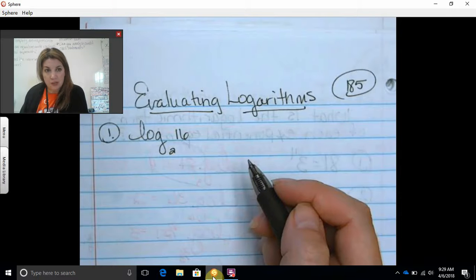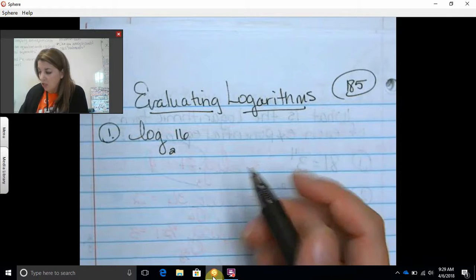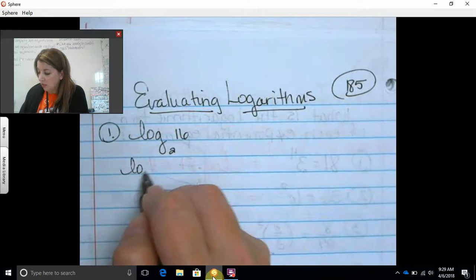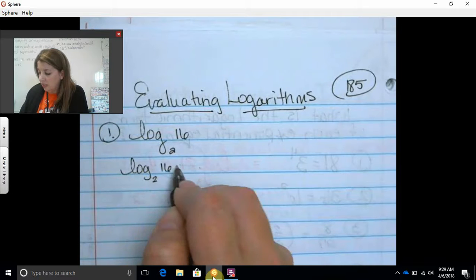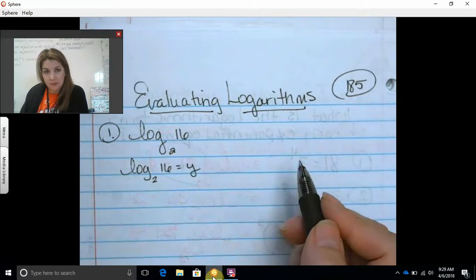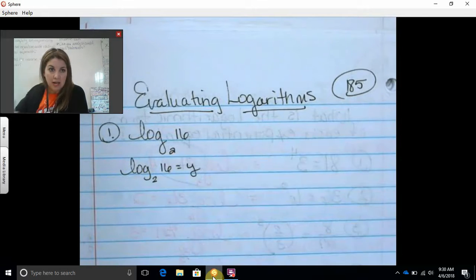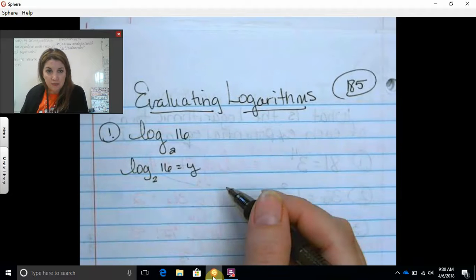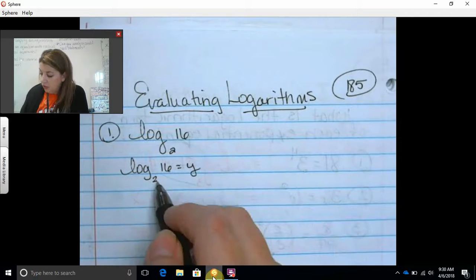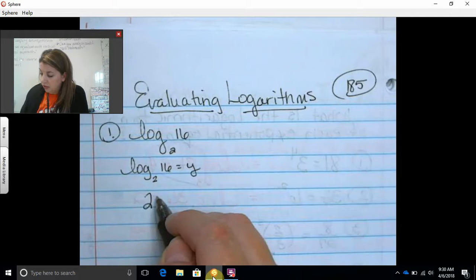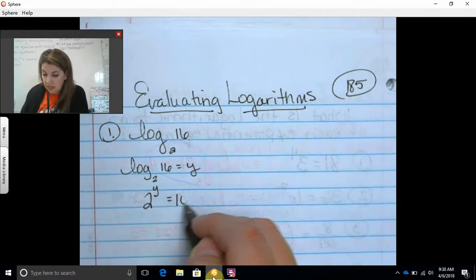So we want to know what that's equal to. So I'm just going to write it as an equation. Log base 2 of 16 equals y. And then I'm going to rewrite it as an exponential equation. So that would be 2 raised to the y equals 16.